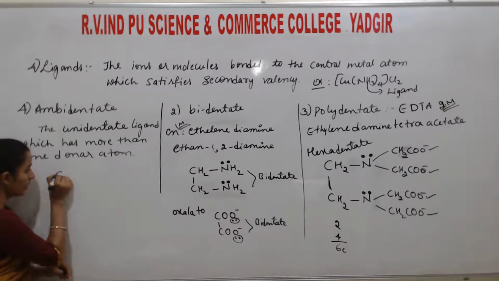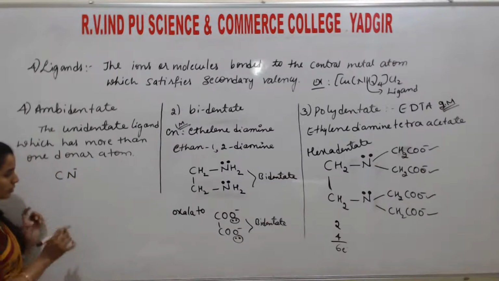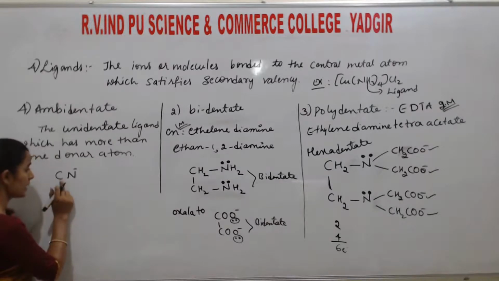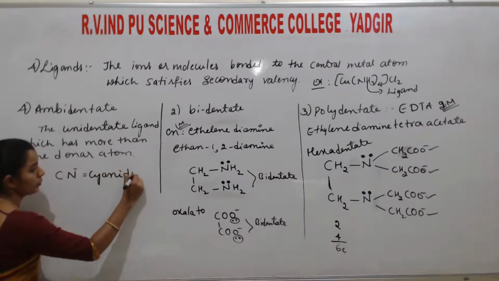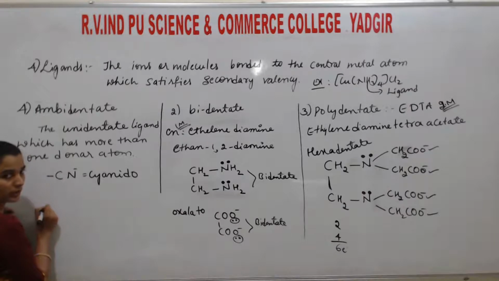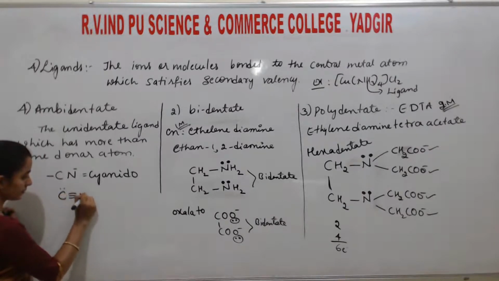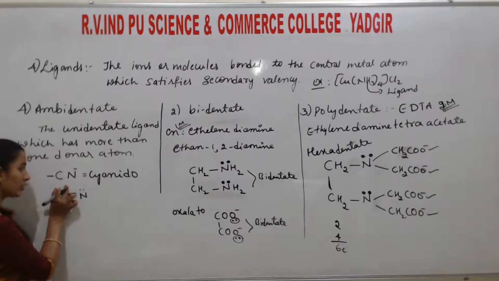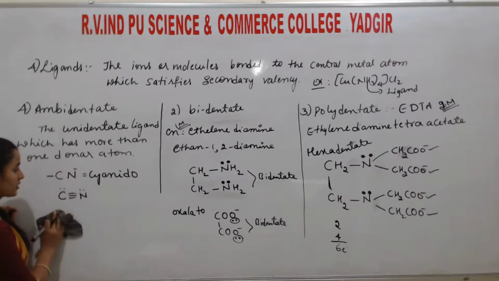So I will give an example. CN minus is a unidentate ligand, correct? So CN minus is there. This is cyanide. If it is bonded through this carbon, then it is in this form. Here also lone pair electrons are there, here also lone pair electrons are there because of the minus charge.